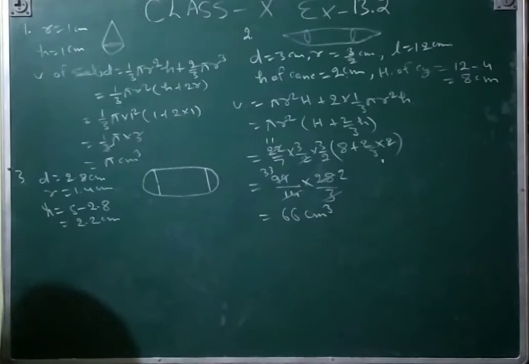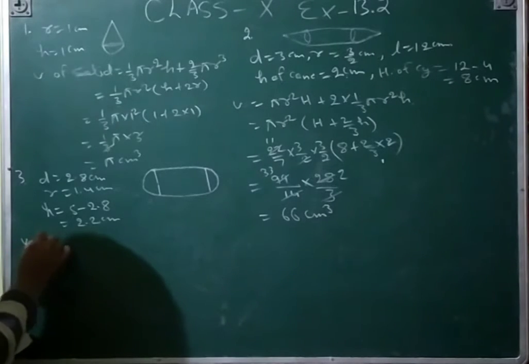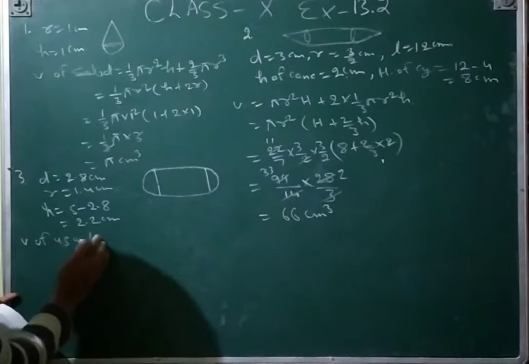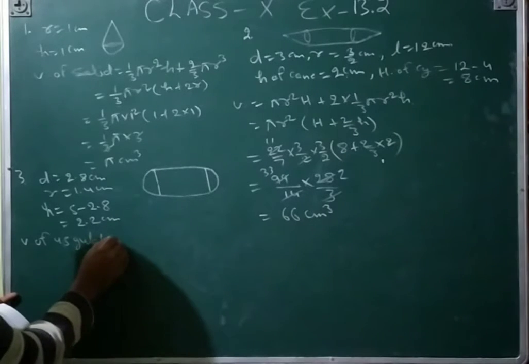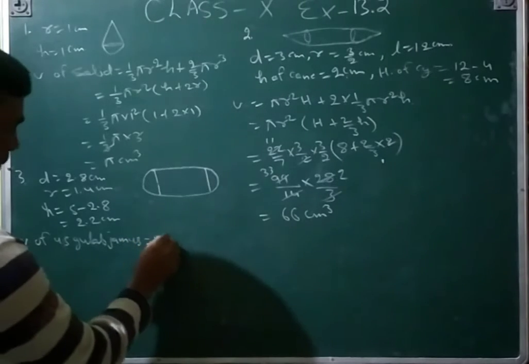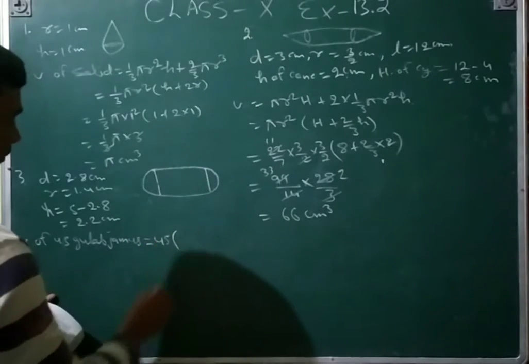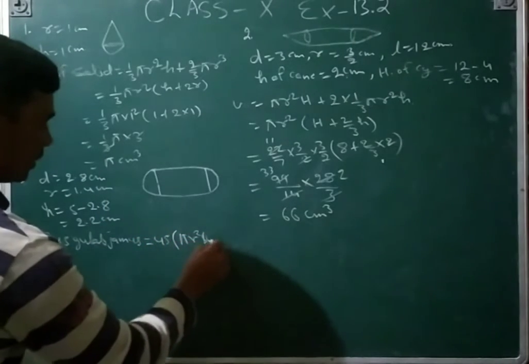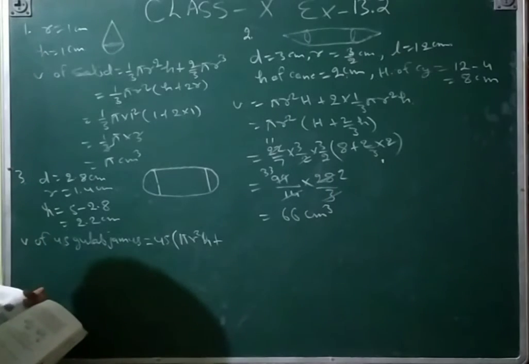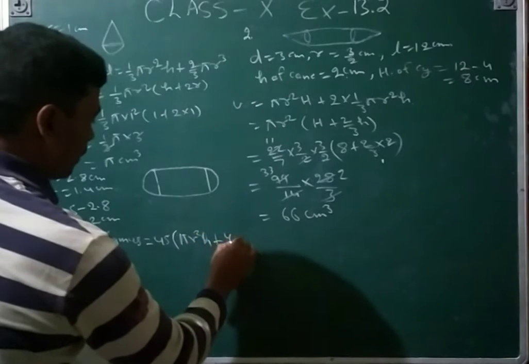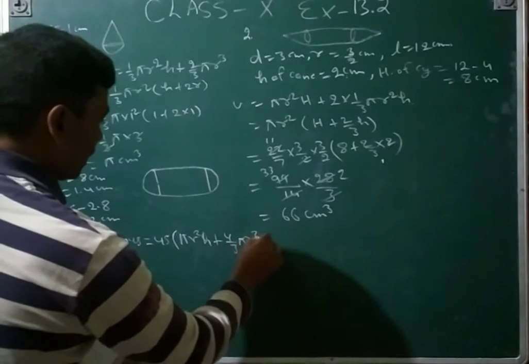Now, the volume of 45 gulab jamuns is equal to 45 times the bracket of the volume of the cylinder, pi r square h, plus the volume of two hemispheres, which means one sphere, that is 4 upon 3 pi r cube.